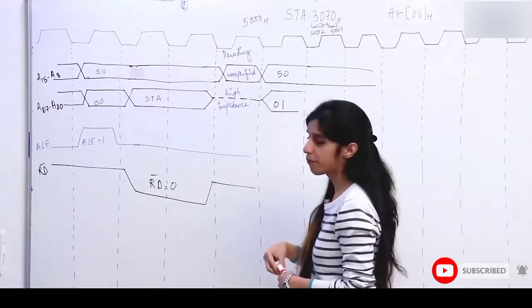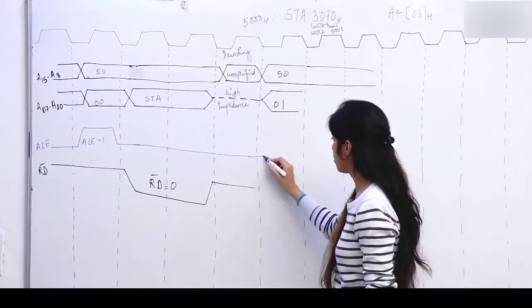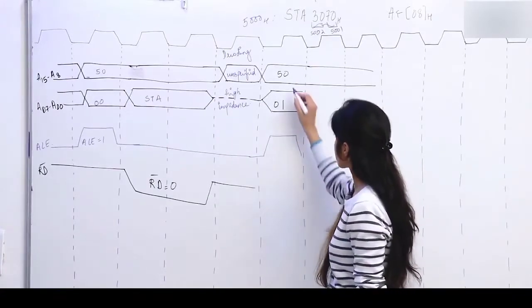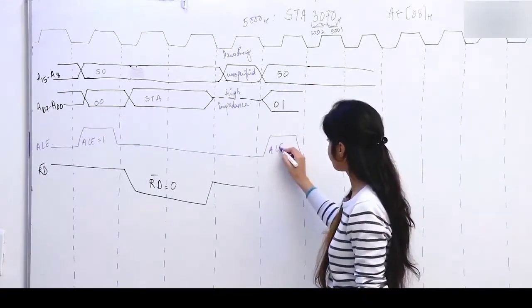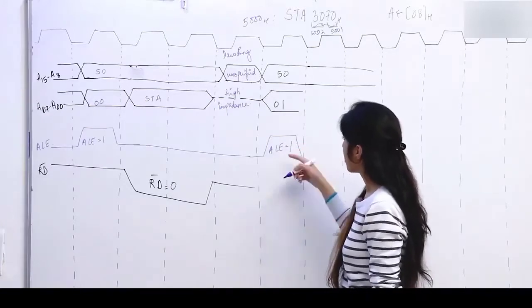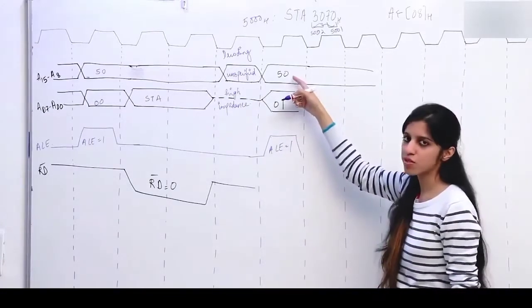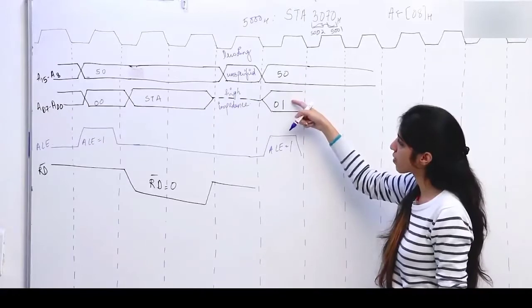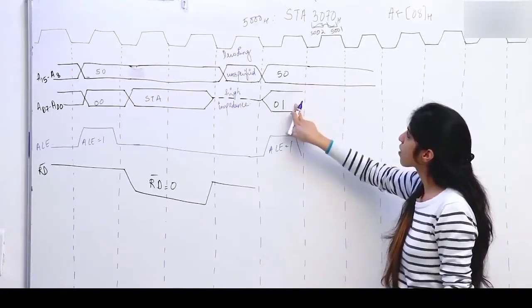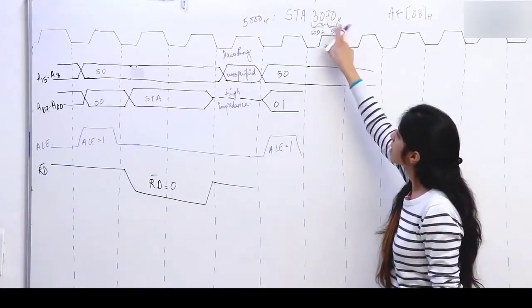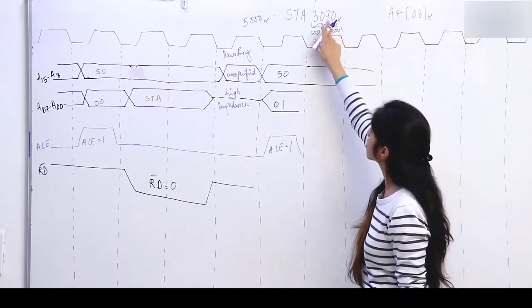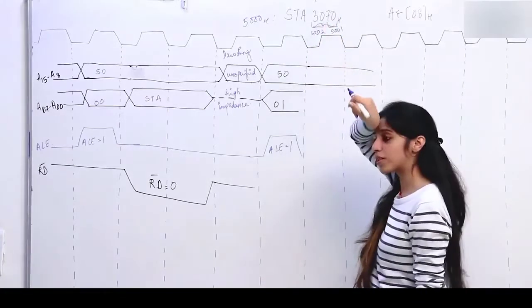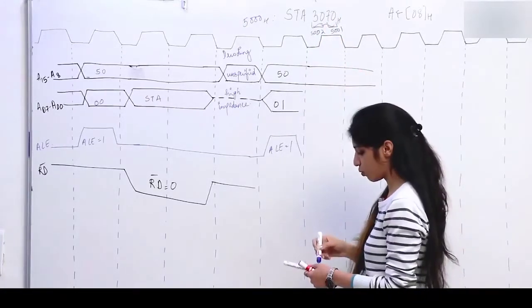Again I am going to make ALE 1, so that this acts as an address bus. ALE is 1, this acts as address bus. So now we have reached the location 5001. After you reach 5001, what is stored there? The LSB of the address is stored there. Now we want to read this, so what do we do?